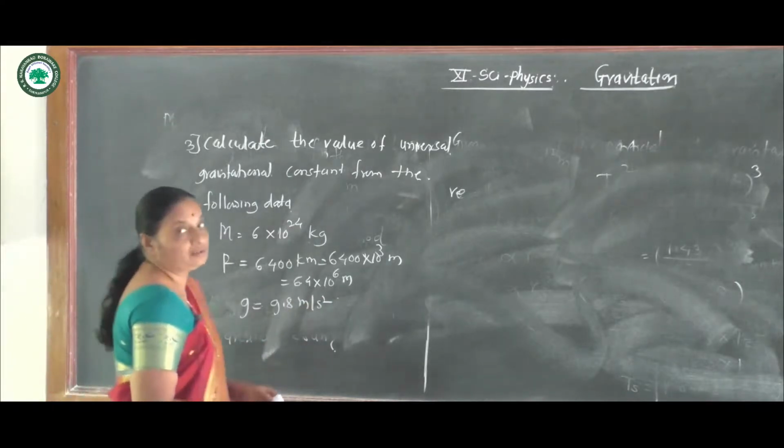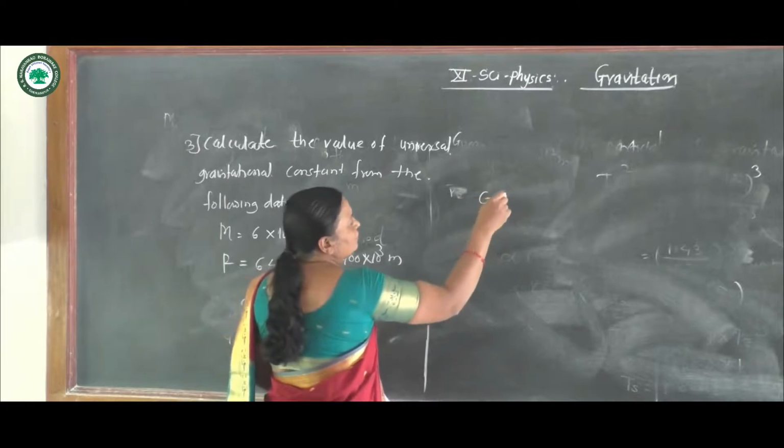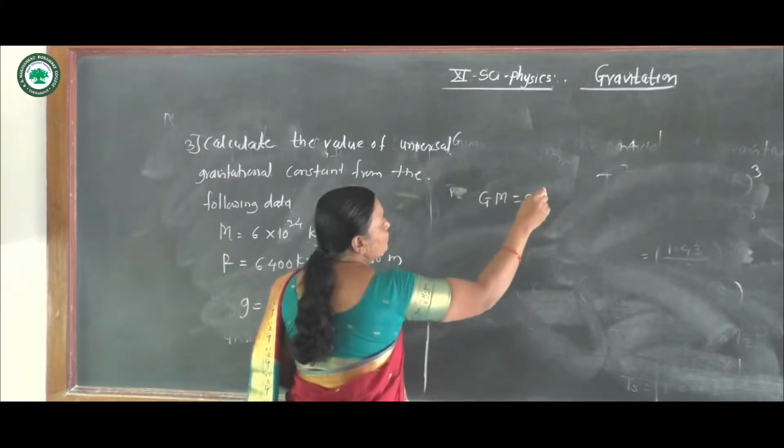Now we know the formula, that is g equal to GM divided by R square.